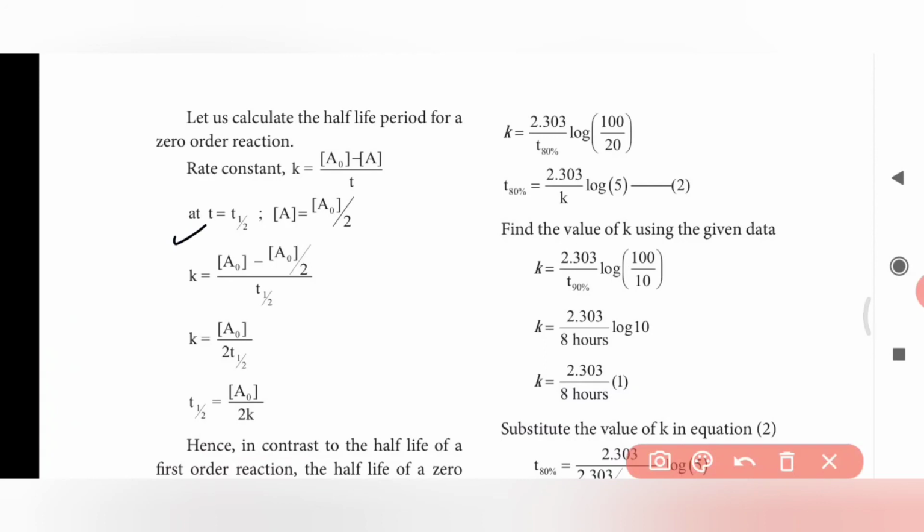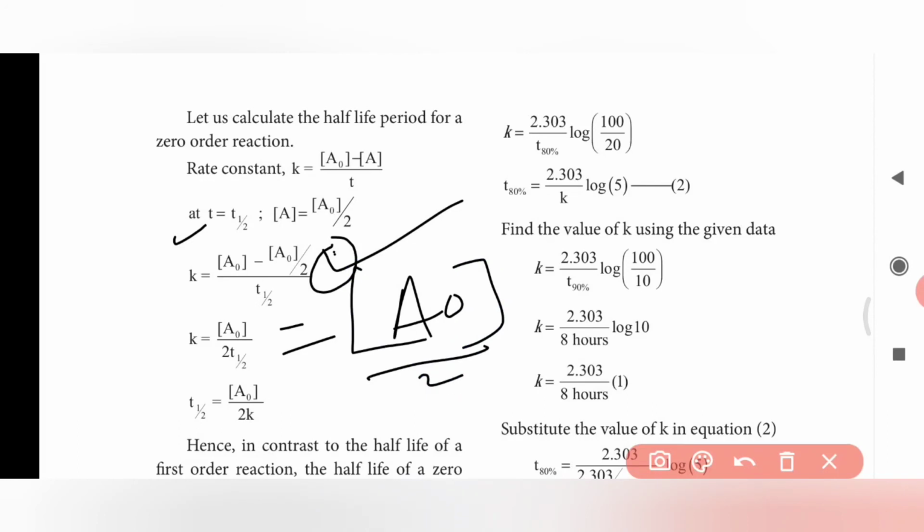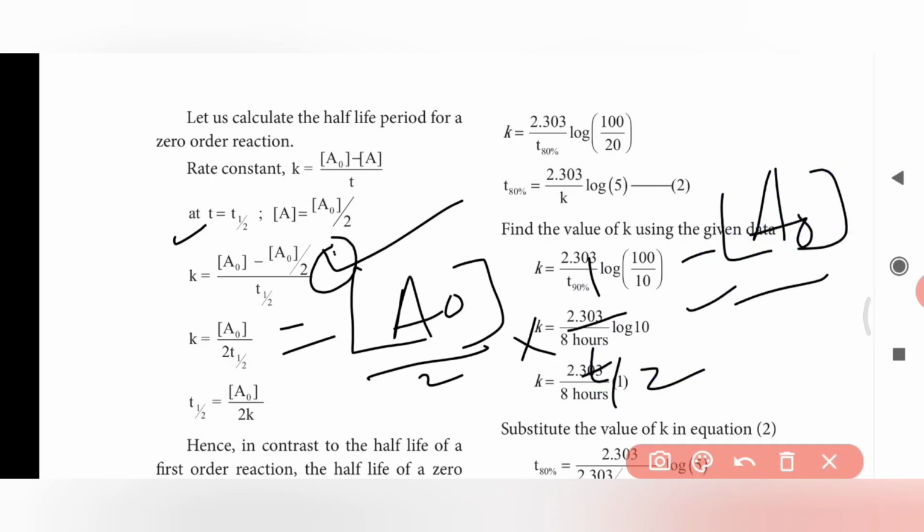After applying, we get a naught minus a naught by 2 into t half. After the reciprocal, we get a naught divided by 2 into 1 by t half.